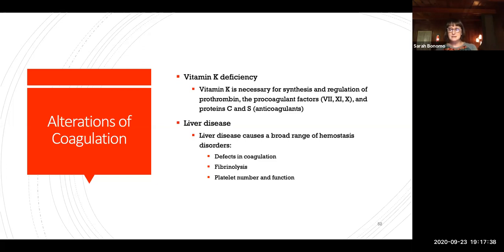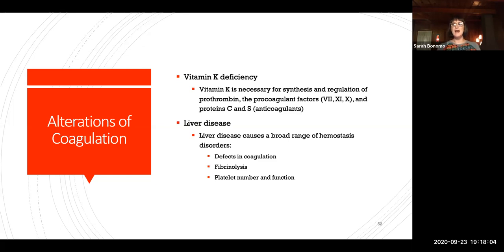Liver disease is also a contributor to alterations in coagulation because the liver is primarily responsible for the clotting cascade, and without the liver, we wouldn't be able to clot.